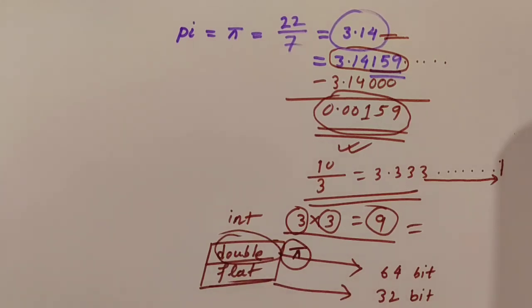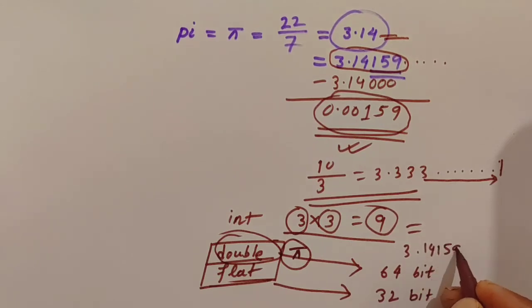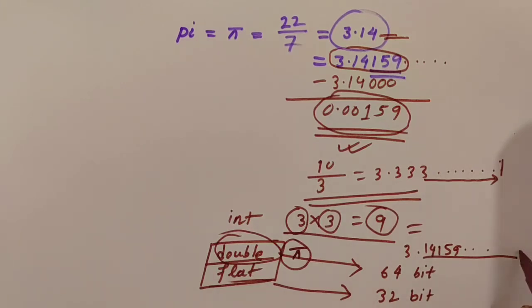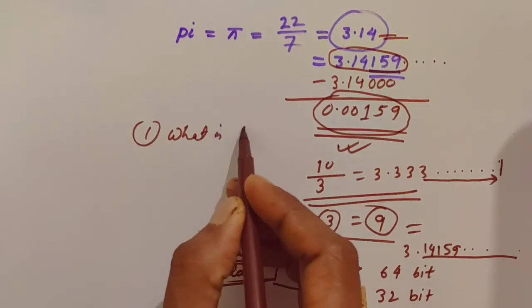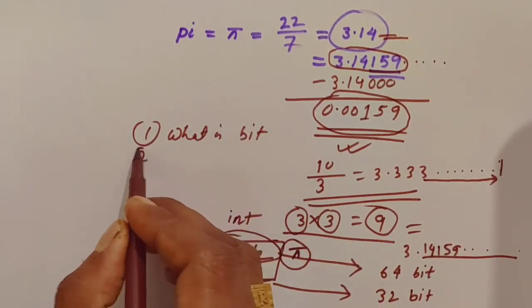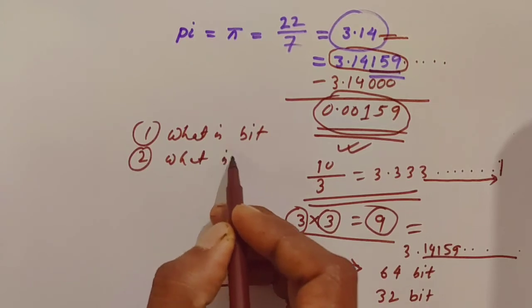When you are using a number like 3.14159, the more you want to take, double will take more digits, but float will take a little bit less. How much less? Let's see. For that you should have a clear idea about bit and byte. So that is your homework. What is bit and what is byte?